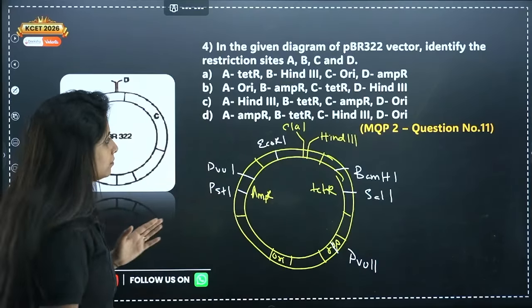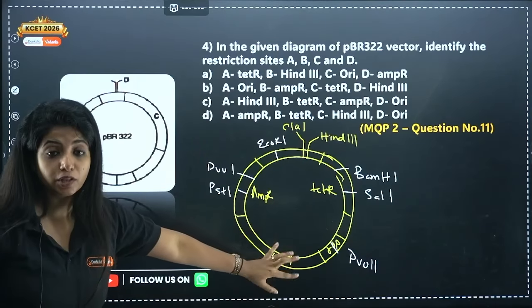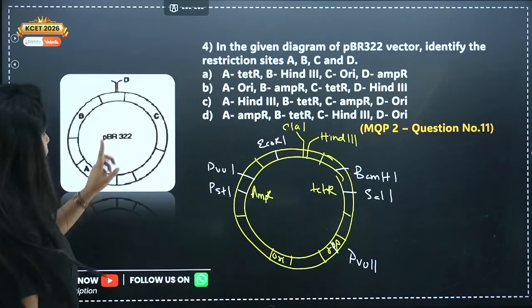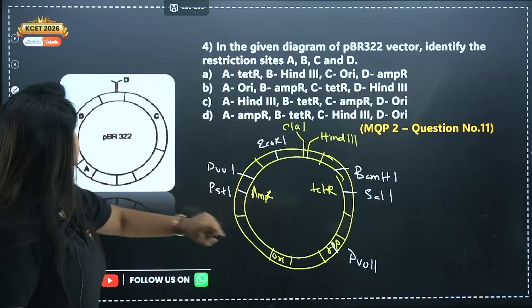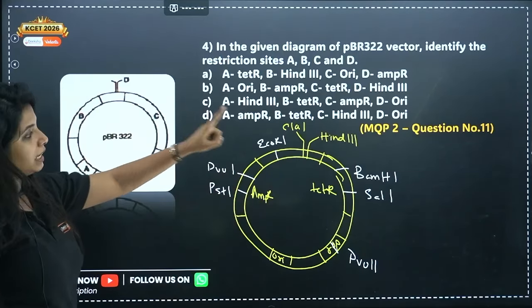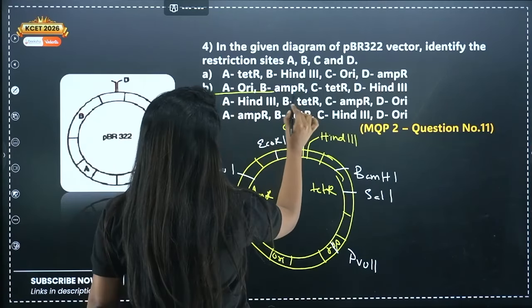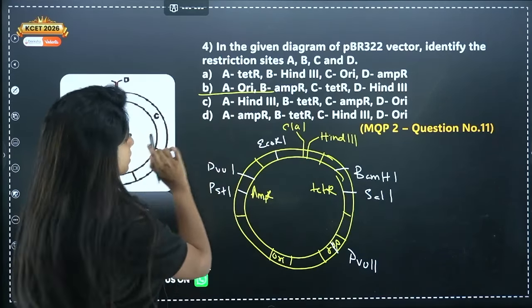Remember that. So over here, what is A? A is the origin of replication, without which replication cannot start off. What is C? It is the tetracycline resistance gene. What is B? It is the ampicillin resistance gene. And what is D? It is HindIII.